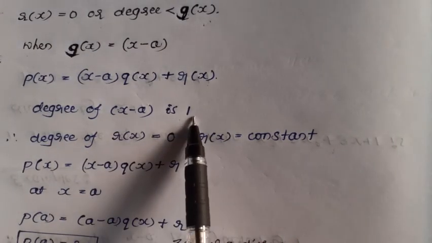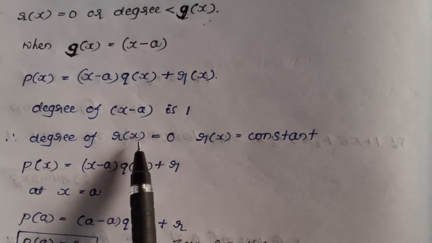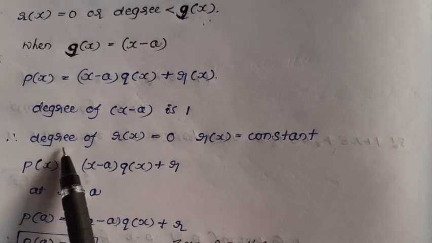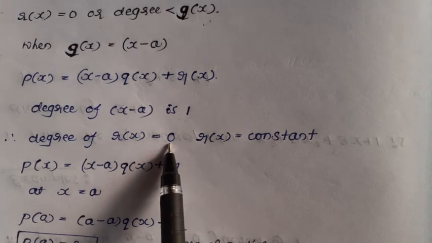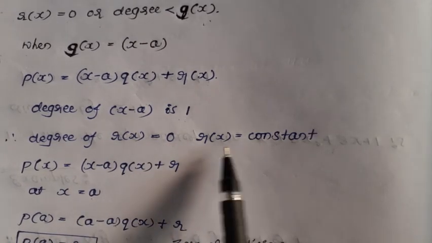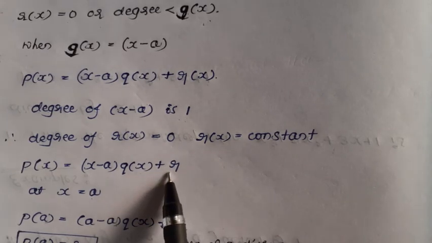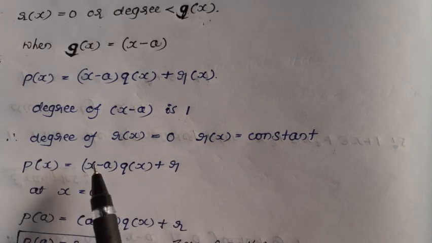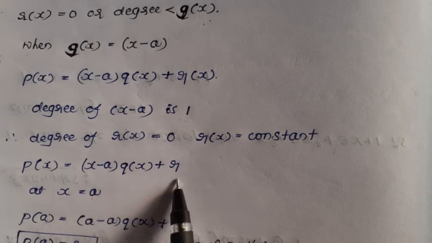Since the degree is 1, less than 1 means 0. So we get the degree of the remainder as 0. Degree 0 means the polynomial will be constant, so I take it as just r. So p of x becomes x minus a into q of x plus r.